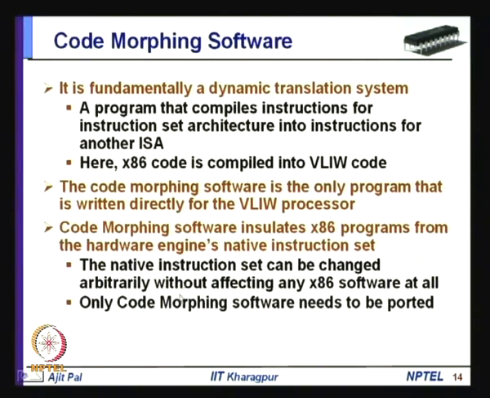You can add some important instructions in VLIW processors, but whenever you do such changes, the only thing that has to be done is to change the code morphing software, nothing else is required.